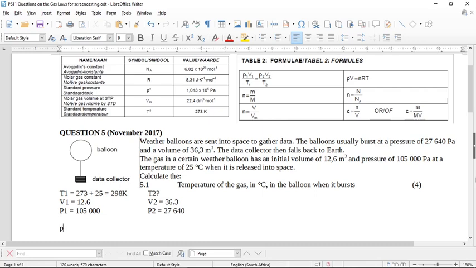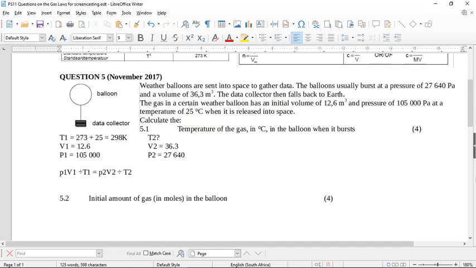So I'm going to write it as a division sum, P1 V1 over T1 equals P2 V2 over T2, and let's put the figures in here.